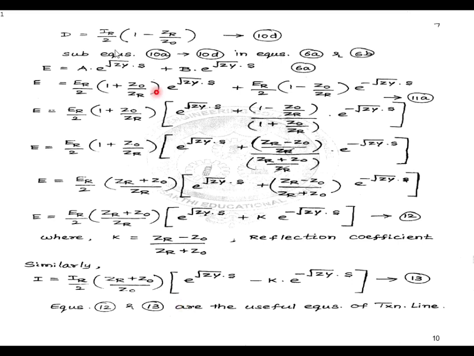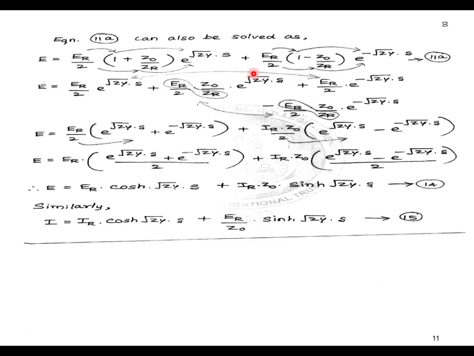Equation 11a can also be solved by using E equal to ER divided by 2 into 1 plus Z0 divided by ZR into e power root of ZY into S plus ER divided by 2 into 1 minus Z0 divided by ZR into e power minus root of ZY S. So this is 11a.